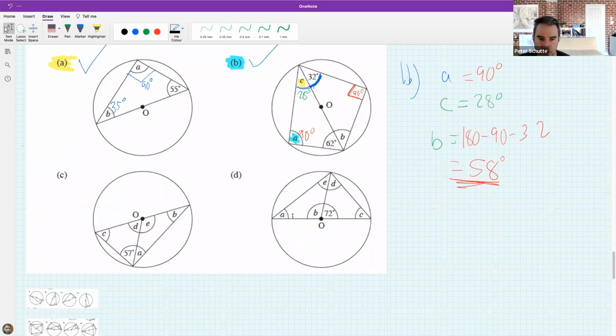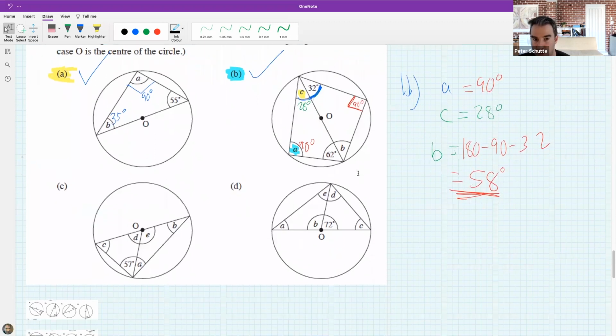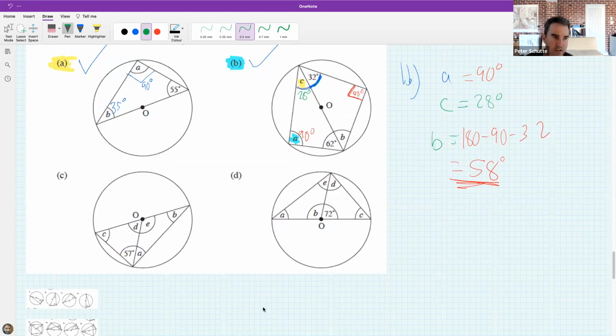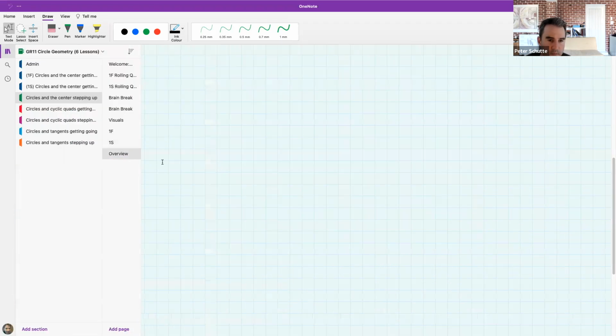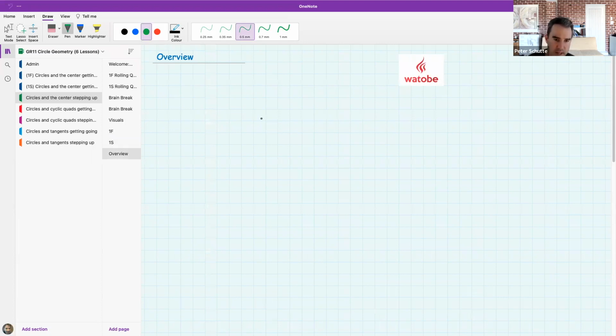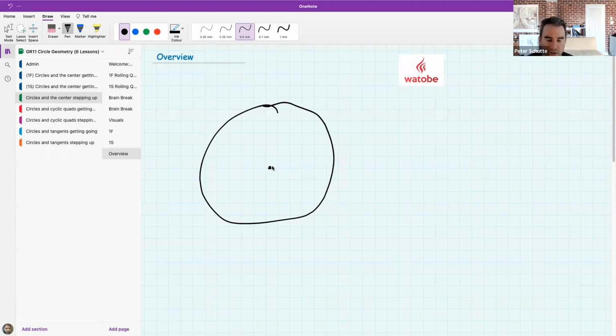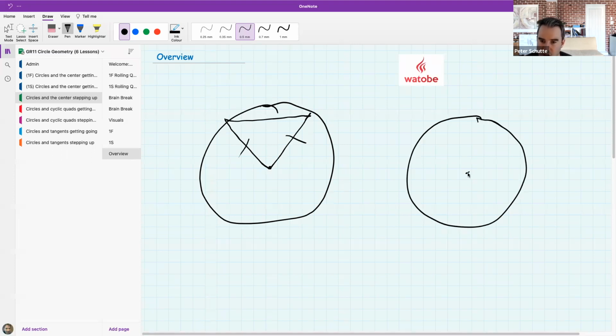Let me take a moment to think over some of the things we've spoken about over the last 2 lessons. Let me quickly go to a blank page. Let's overview. This week, we spoke about the circle, and what happens if you have 2 radii, and the radii make isosceles triangles, which are quite helpful. We also spoke about if you have an arc that makes an angle at the center, it can also make an angle at the circumference.